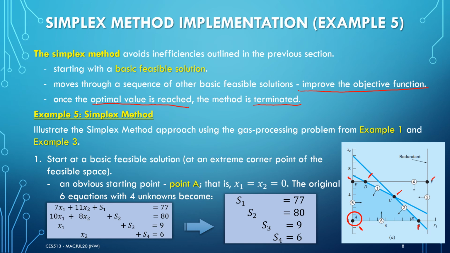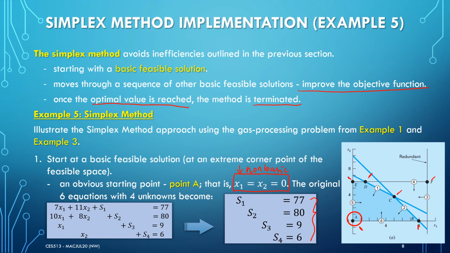That is, at point A, x1 and x2 equal 0. So these are the non-basic variables, or the zero variables. The original 6 equations with 4 unknowns will become all this once you substitute the value of x1 and x2 that equal 0.